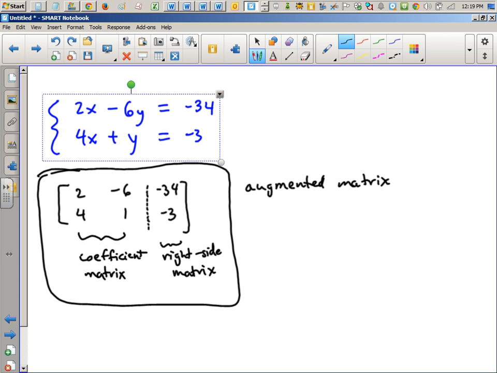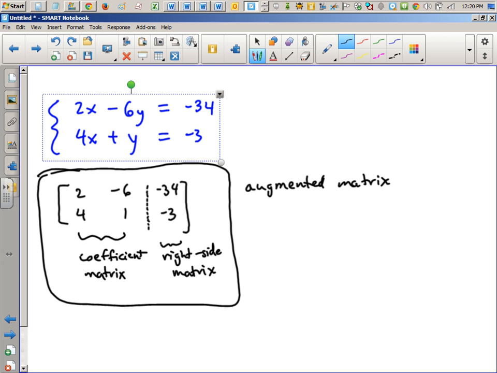We're just putting it in the first space, which means it's 2x. Okay? So this is a little less writing, I guess. You're not writing x and y at least. And if this was a system of 10 equations and 10 unknowns, it would be a lot less writing. You would never have to write x or y or equals. You just do the numbers only. So it's kind of an efficiency thing, making it less work for us.